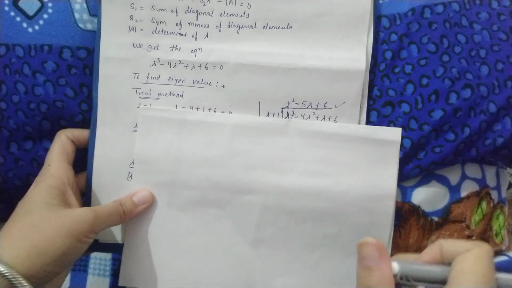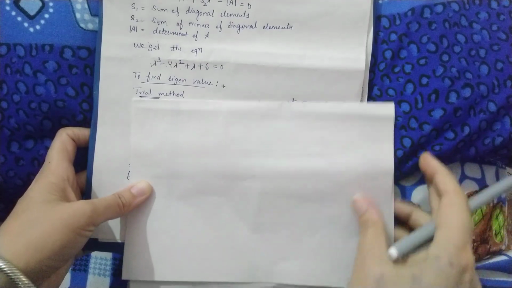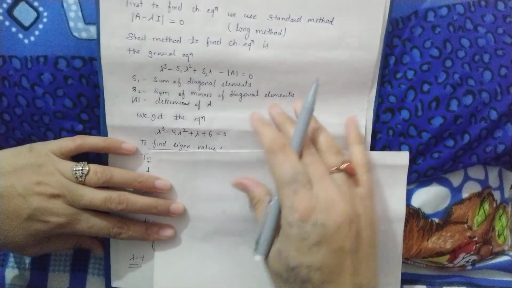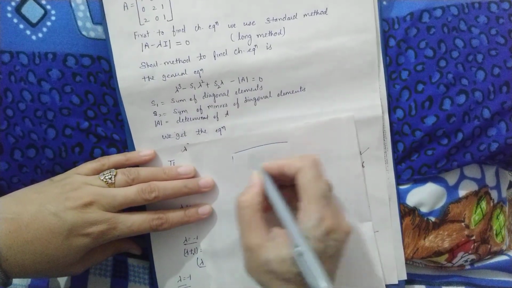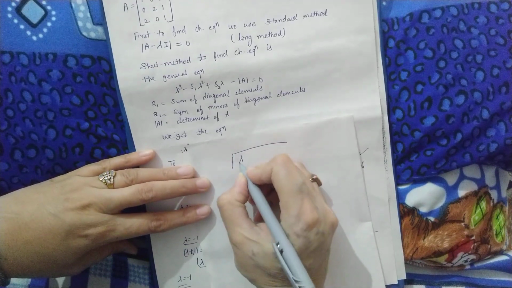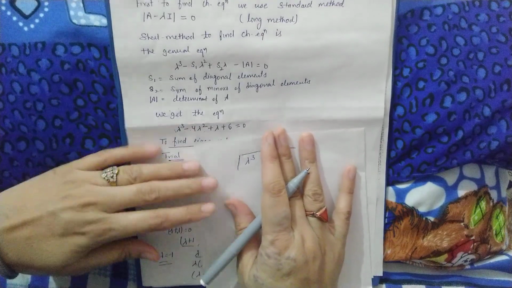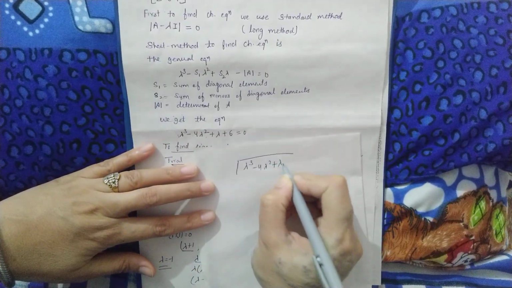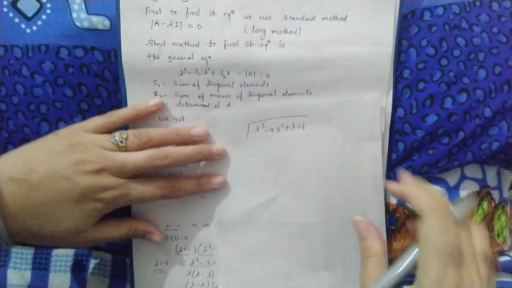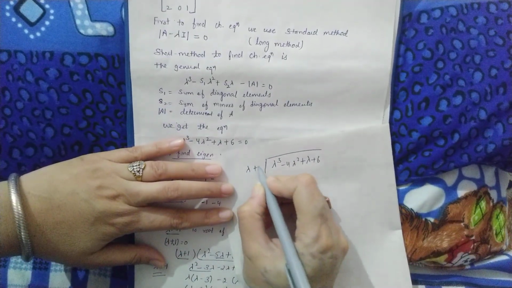I explain again. The equation is lambda cube minus 4 lambda square plus lambda plus 6, right? We have to divide this equation by lambda plus 1.